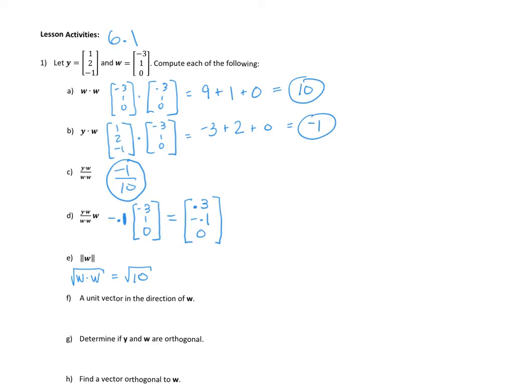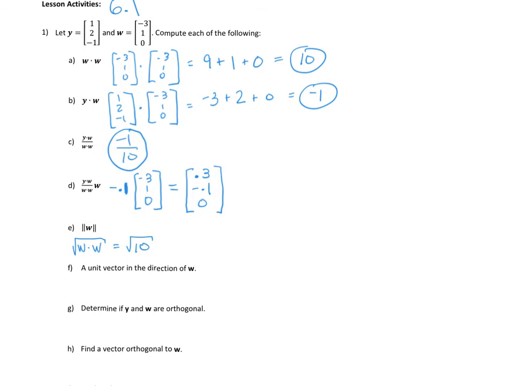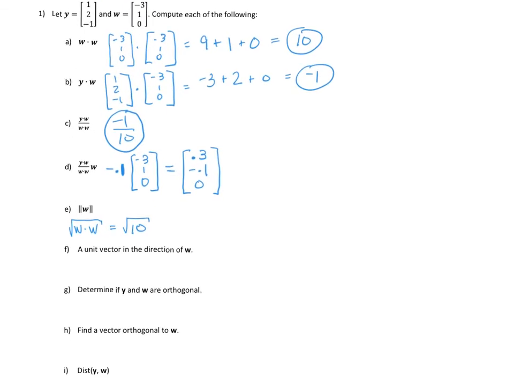I have to scale it down by its length. So we know the length of W is root 10. So I'm going to scale each entry in W by dividing it by root 10. So this is going to be -3 over root 10, 1 over root 10, and 0 over root 10.